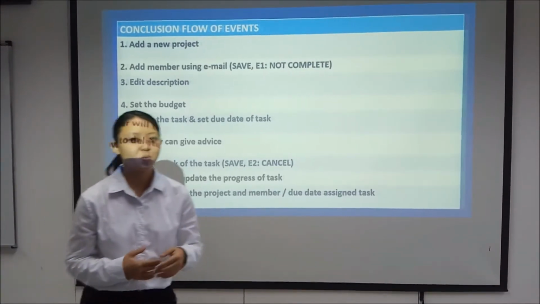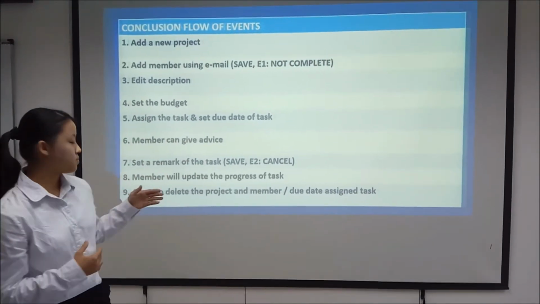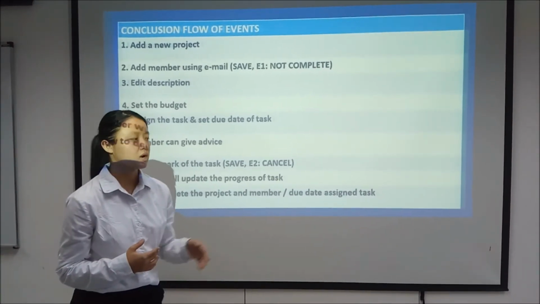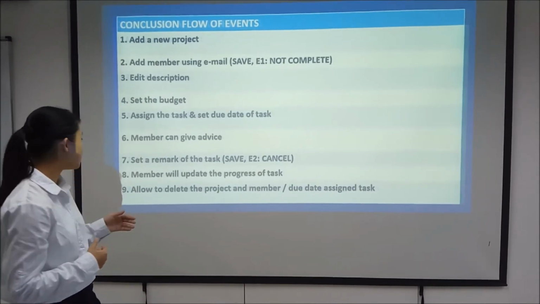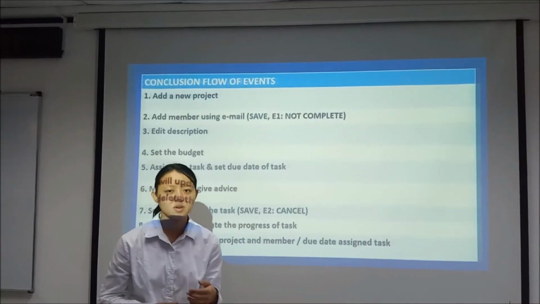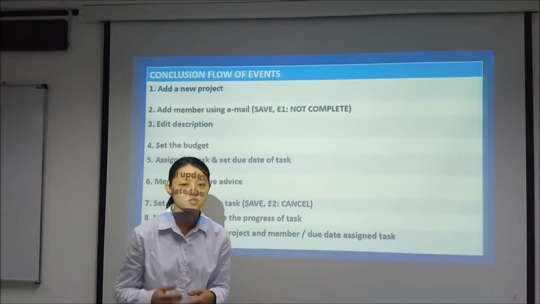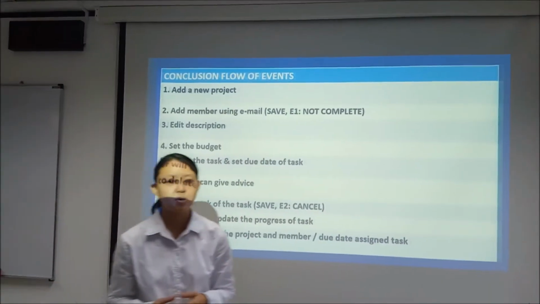Member can give advice in the system, and project manager and member can set the remark, and they will set all the information, and member will update the progress of the task, and the project manager are allowed to delete the project and the member, and the due date of assign the task. Now I pass to my partner.